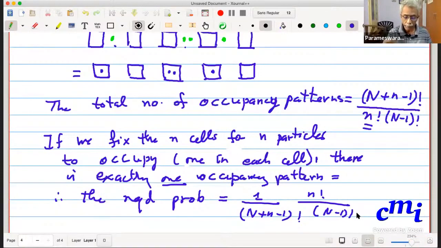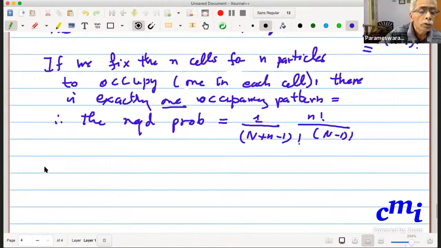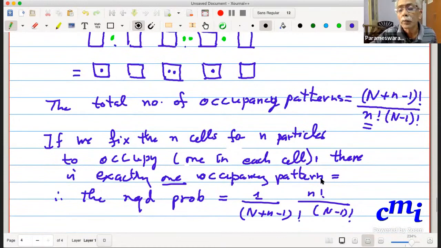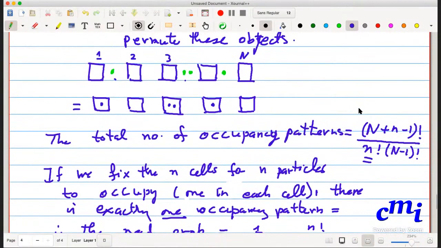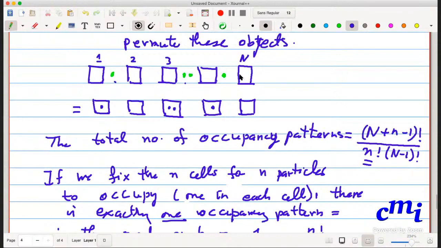And for the second thing, now, shouldn't the n minus 1 factorial also be in the numerator? That is to be expected because the total number should add up to N plus n minus 1. So the total number of occupancy patterns is, if you distribute capital N particles among themselves, then it should be in the numerator in the final answer.